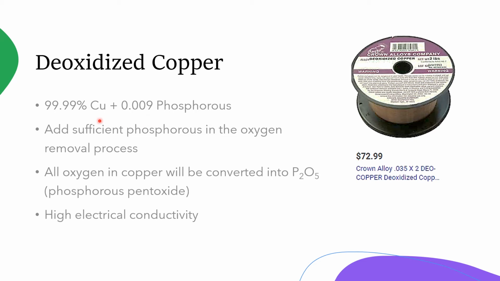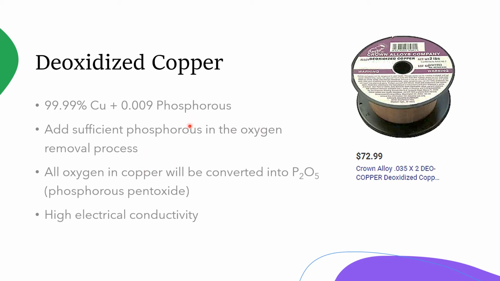Deoxidized copper is about 99.99% copper, and we have about 0.009% phosphorus, I forgot the exact percent. We add sufficient phosphorus in the oxygen removal process. We have to get rid of oxygen; we don't want oxygen in copper. So how do we get rid of it?